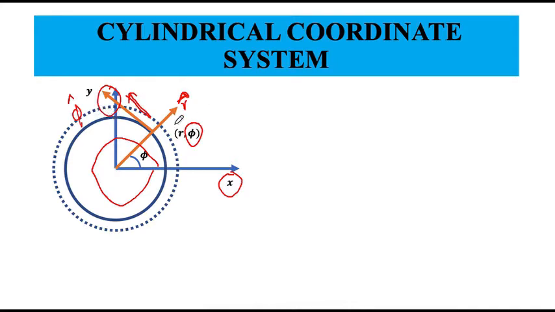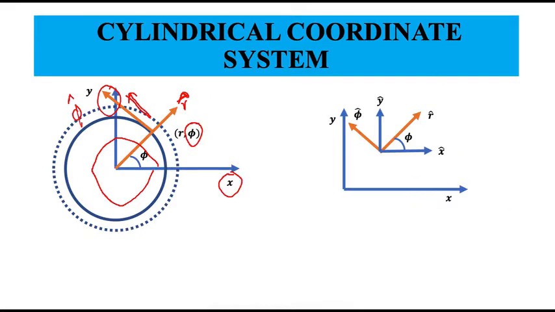You can rewrite these vectors here in slightly better way. Okay, so I have r unit vector, I have phi vector here. Okay, and same point I also have x and y with the idea that this angle is phi and this angle is 90 minus phi.